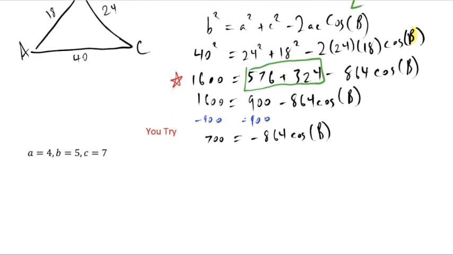Then I'm going to divide both sides by that negative 864. So at this point, this would cancel, and I'm going to keep it as the fraction for right now.